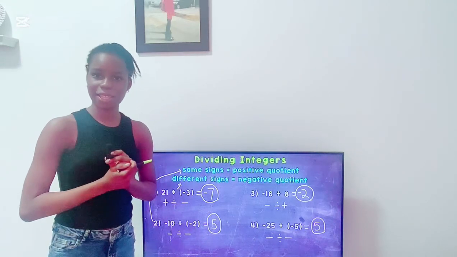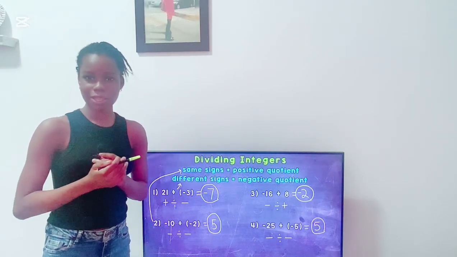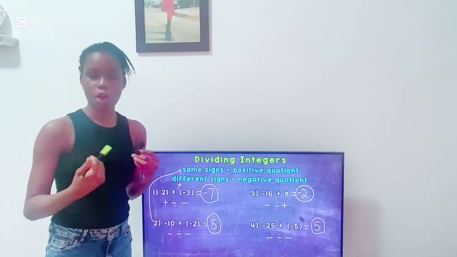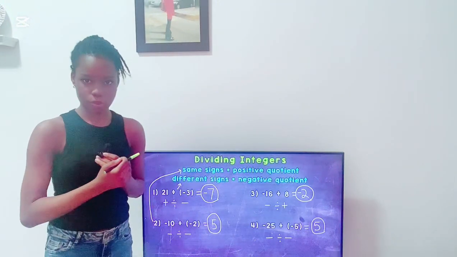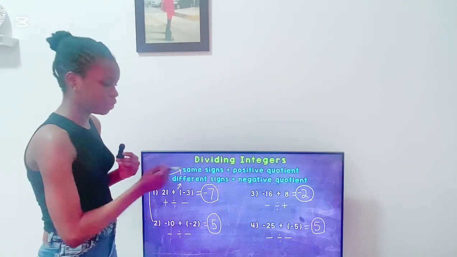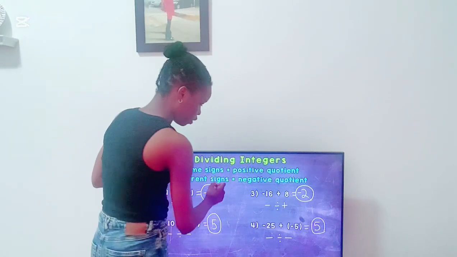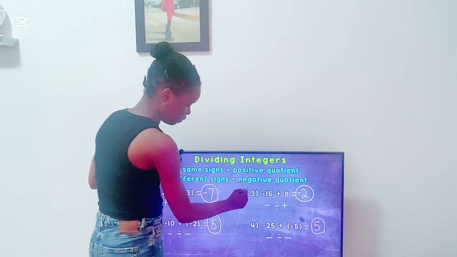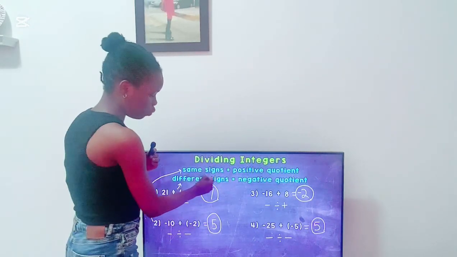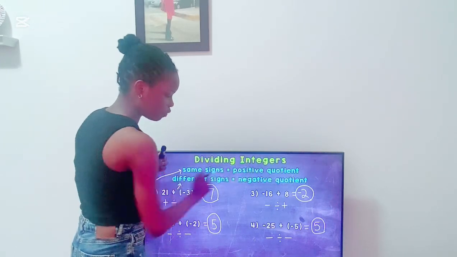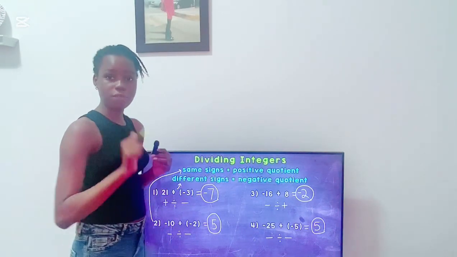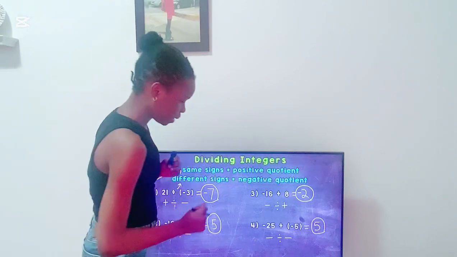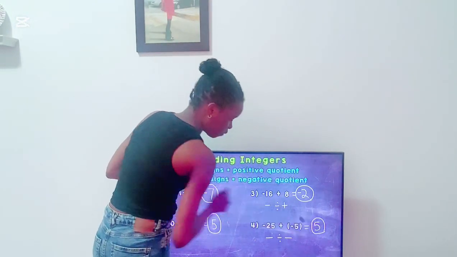I'm basically saying that ahead of time so we can have a grip of what our answer will be, whether it will be positive or negative. So 25 divided by 5 is a total of 5 times. So we are going to write our 5 here.